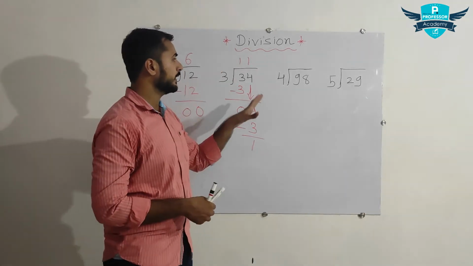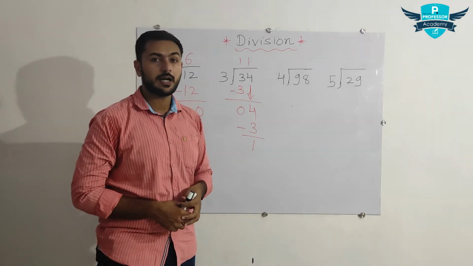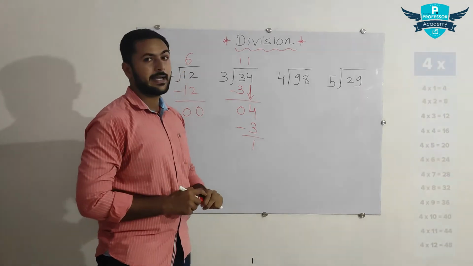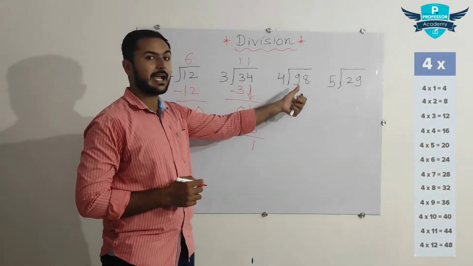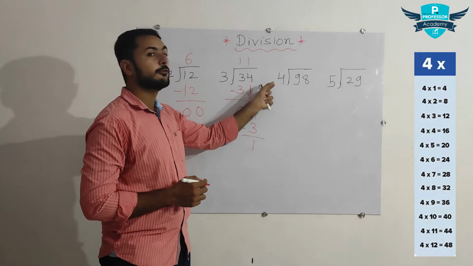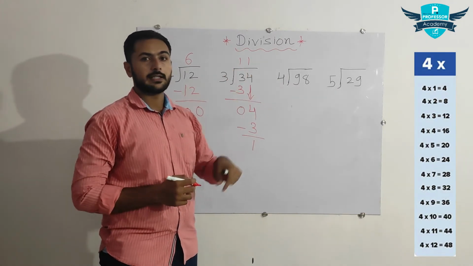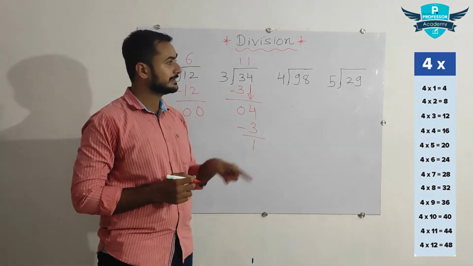Okay. Now the next one is 98 divided by 4. Again we have to identify the first number, that is 9, and see the table of 4 because that's the divisor. In the table of 4, can you identify the number 9? Is it there?